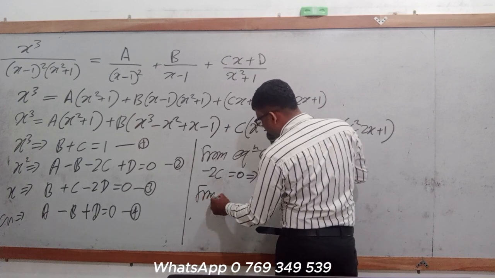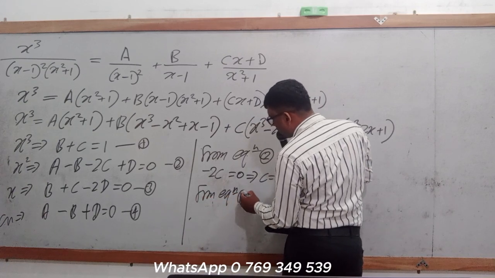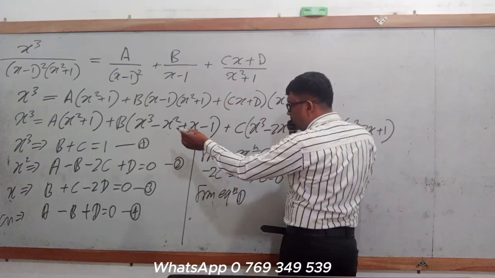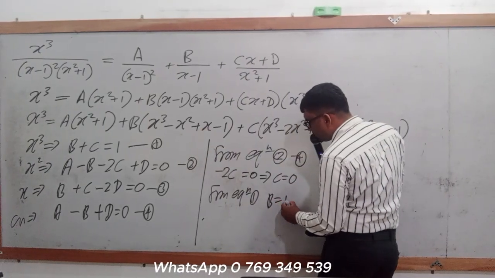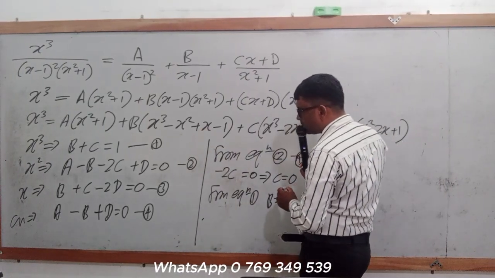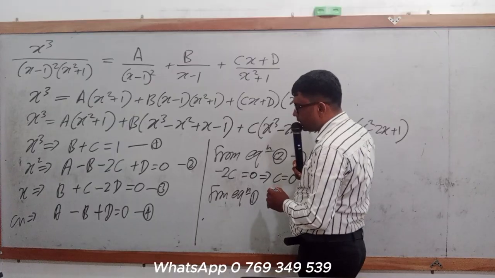From 1, we know that C is 0, therefore B equals 1, right?